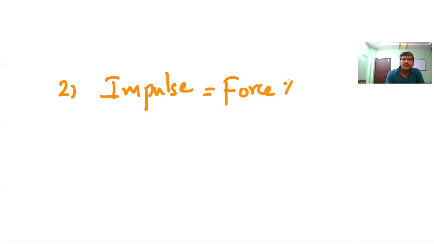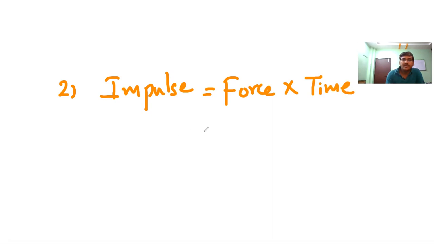Second, we have taken up the impulse. Impulse is defined as force into time.